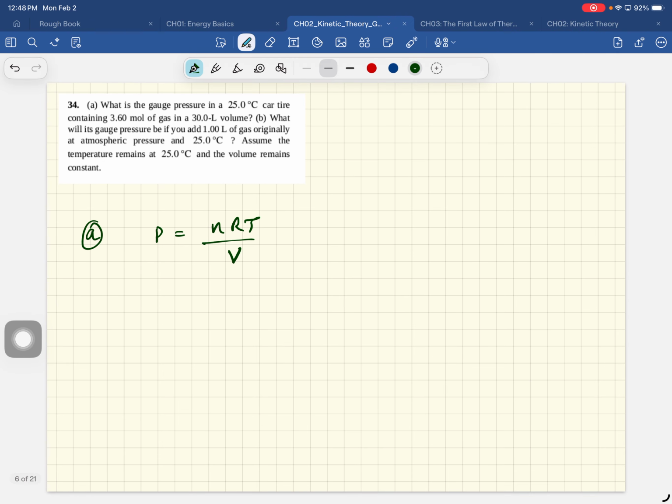Pascal is Newton per meter square. This is 1 atmosphere. So the absolute pressure in your tire is 3 atmospheres.